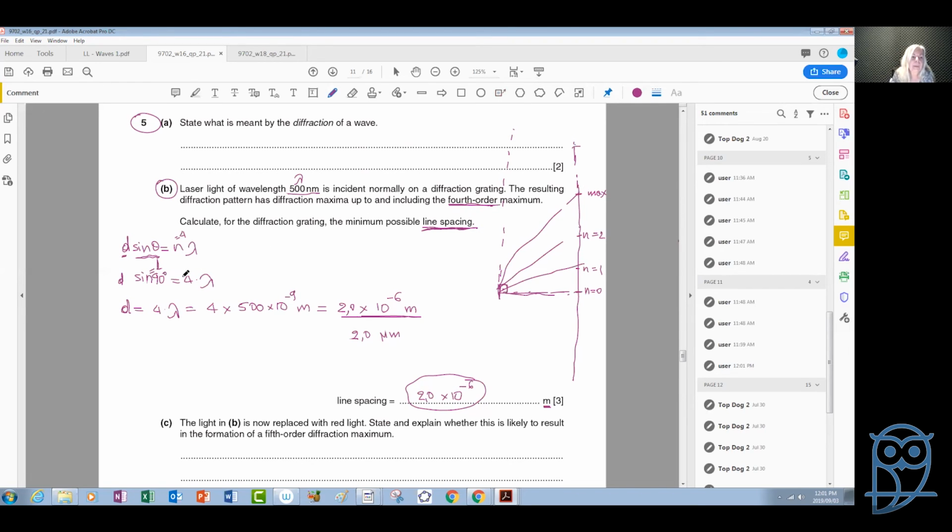We need to replace this in our general formula with 90 degrees. That was quite tricky to figure out, but once we figure that out, the rest is easy, because the sine of 90 degrees is 1, and we solve the problem and find the d.